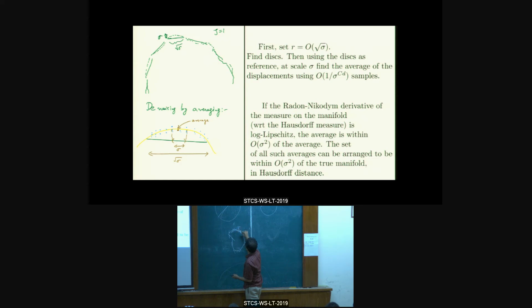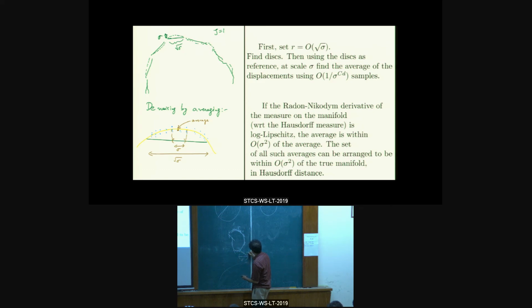At a scale of sigma, the quadratic term will contribute a sigma squared, and the average of these data samples will be very close to the average of the tangent at one of these central points, and for linear things, when you average, you continue to get linear things in this model.